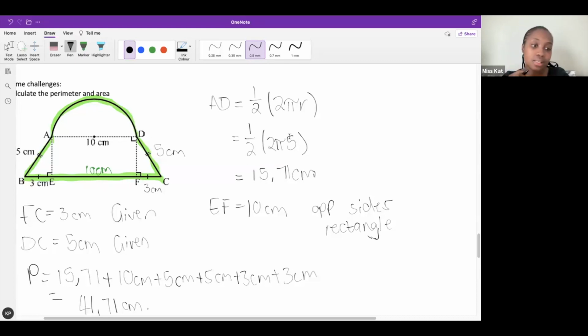What are we missing, guys? Perpendicular height for the triangles, which is also the breadth for my rectangle. So how are we going to find the perpendicular height? Pythagoras.